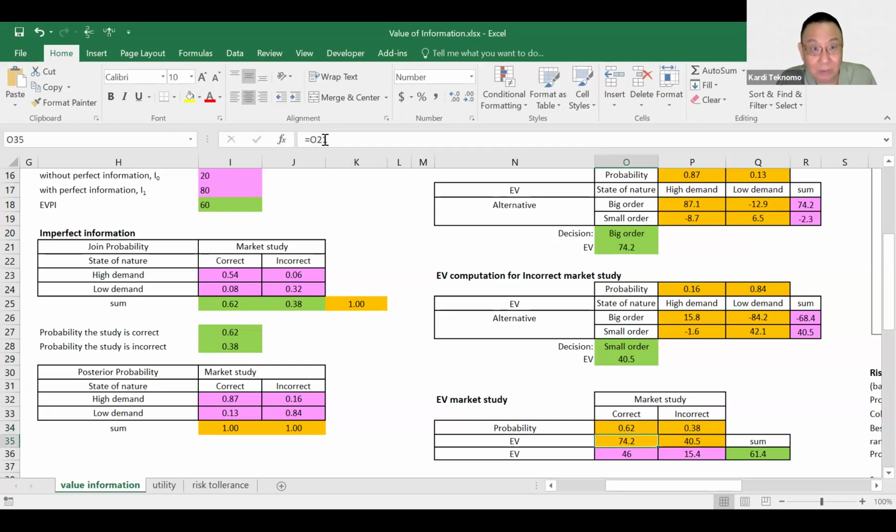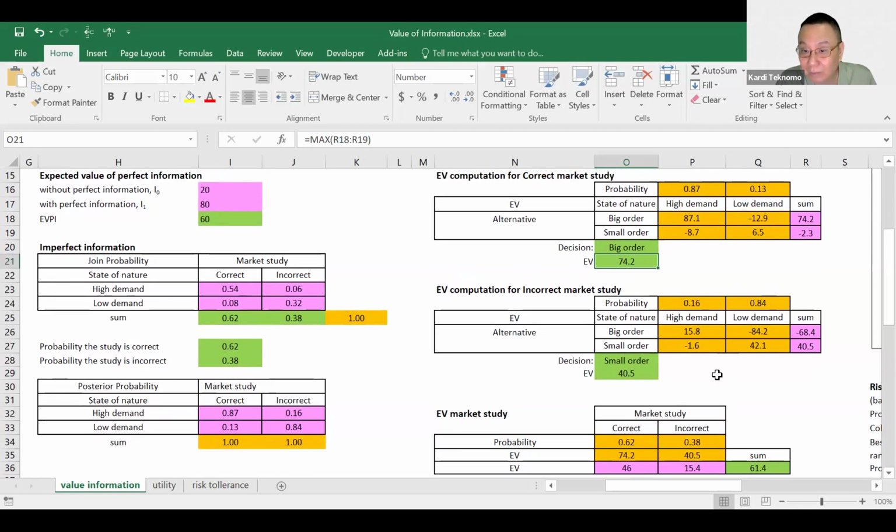And this one is from here, the EV from the correct market study. And so I just copy this in here, and this is the probability of the earlier incorrect market study. Okay. And then the EV you can get from the earlier computation also for incorrect market study.